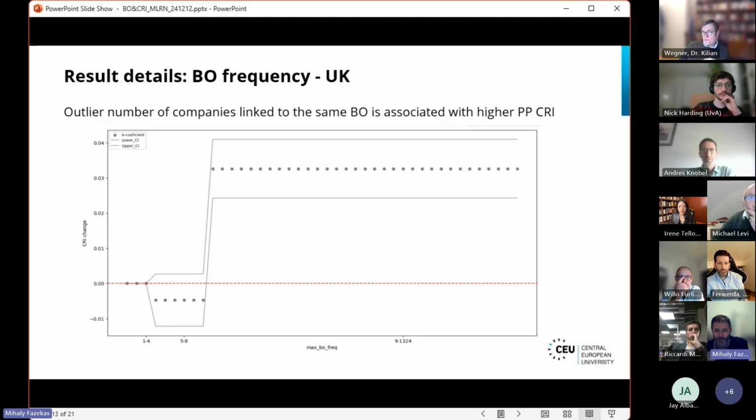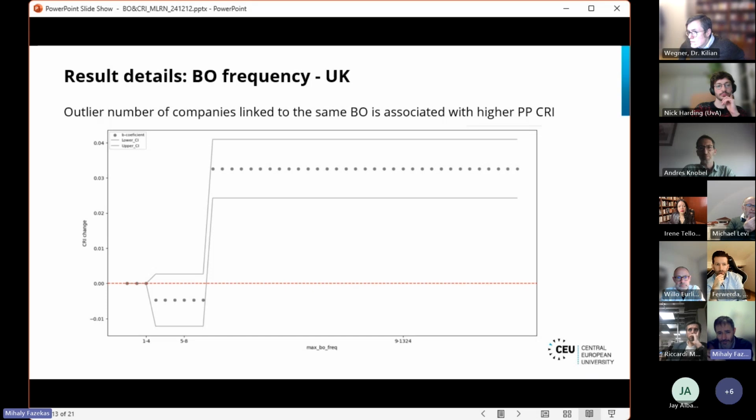What's an outlier? So this is an example of BO frequency from the UK. We have a normal, relatively small, and not too large number of companies on the name, 1 to 4, 5 to 8. These are ranges of the BO frequency variable which are normal in the sense that the associated risk factors in procurement, the CRI levels, are not distinguishable from 0.